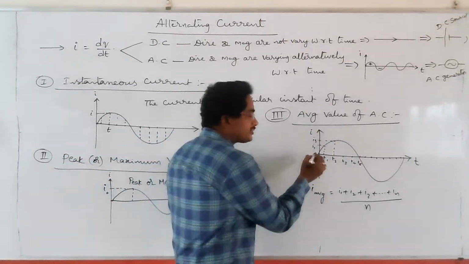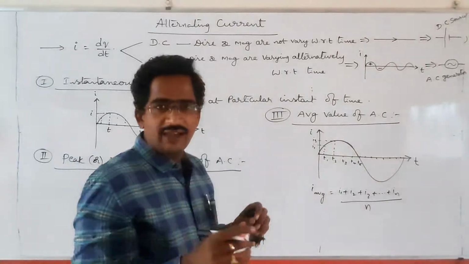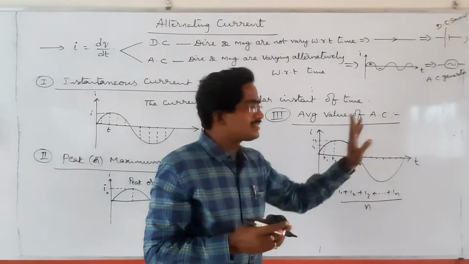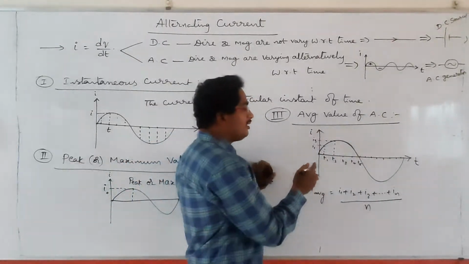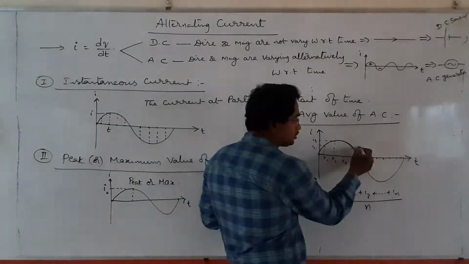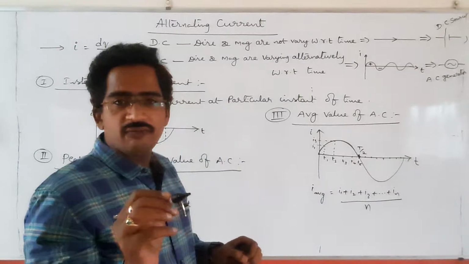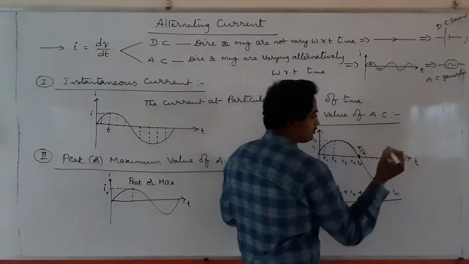For half a cycle, the average value is going to be some value. But for a full cycle of AC, what about the average value? It is 0. Why? The time taken for the production of one cycle of AC is called the time period.